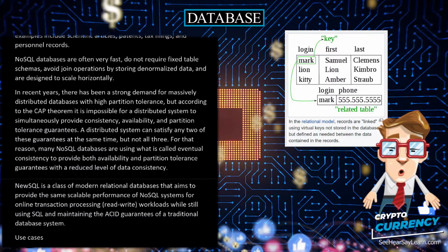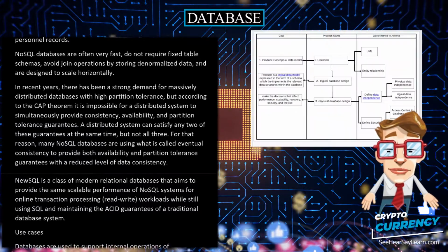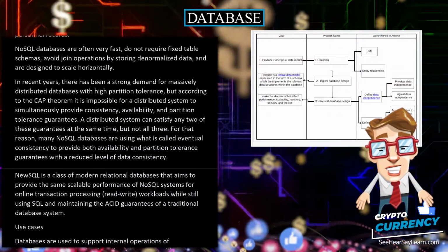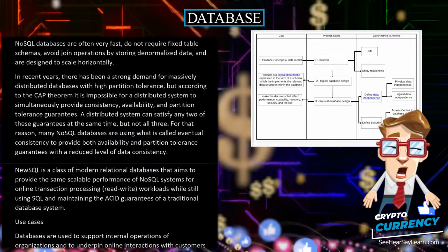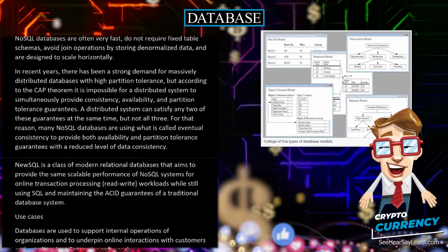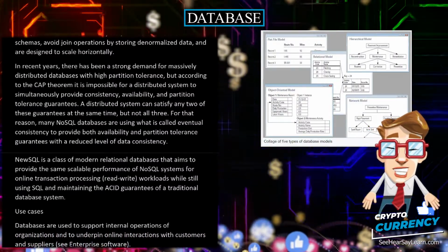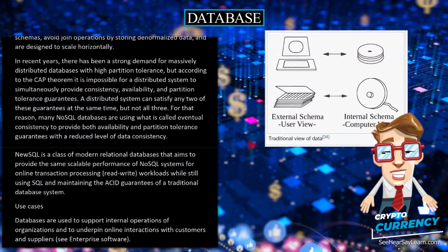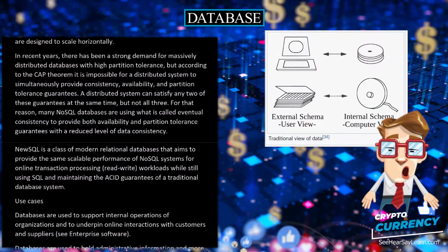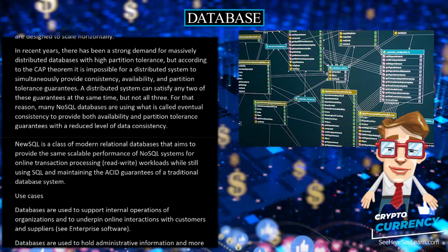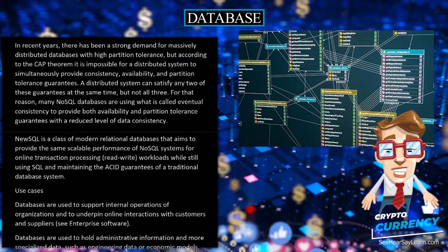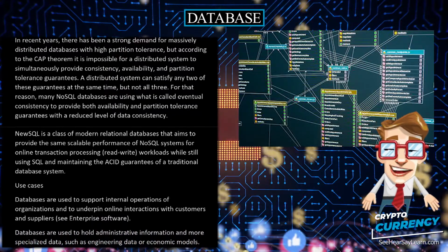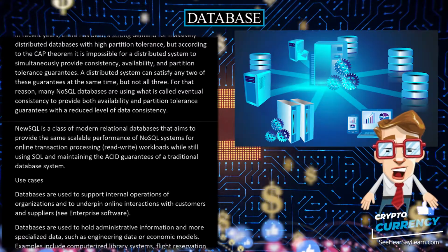In recent years, there has been a strong demand for massively distributed databases with high partition tolerance, but according to the CAP theorem it is impossible for a distributed system to simultaneously provide consistency, availability, and partition tolerance guarantees. A distributed system can satisfy any two of these guarantees at the same time, but not all three.